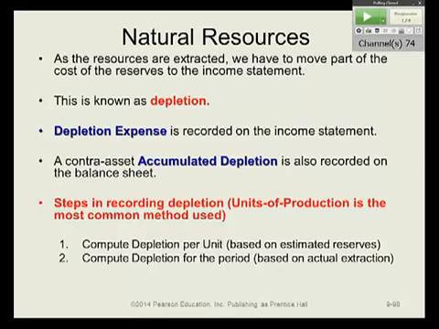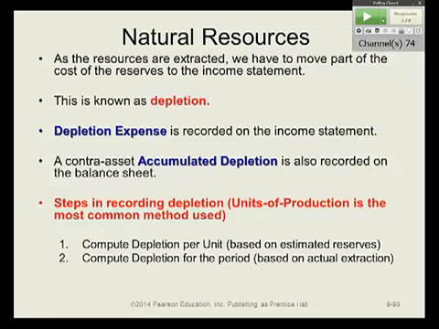We're going to write the asset down. Instead of calling it depreciation, we're going to call it depletion. Now, it's exactly the same as depreciation, but it is called depletion. We use a different term. Depletion is the same concept in that it is a systematic write-off of the cost of a natural resource.